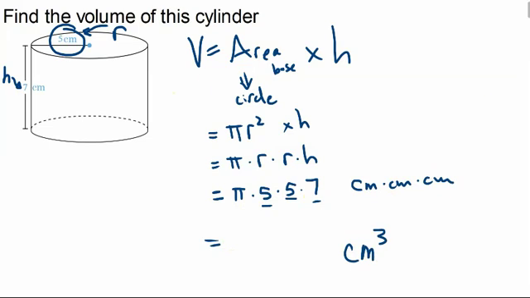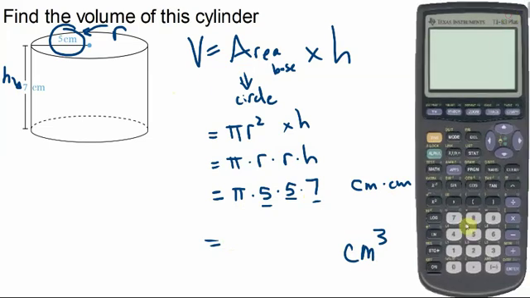You're more than welcome to use the pi button, or you can simply use 3.14 times 5 times 5 times 7 and round in the end. Okay, so the volume of this cylinder happens to be 549.5 centimeters cubed.